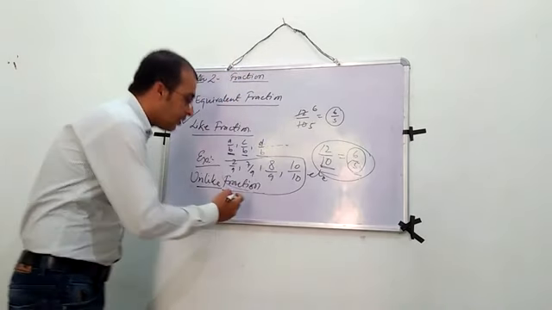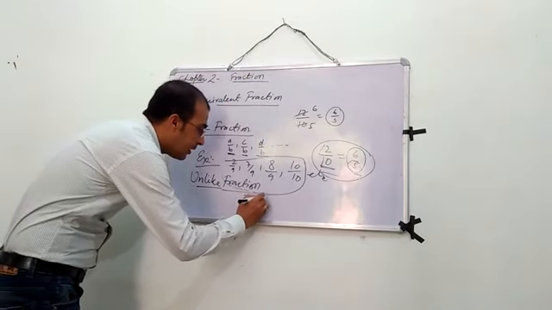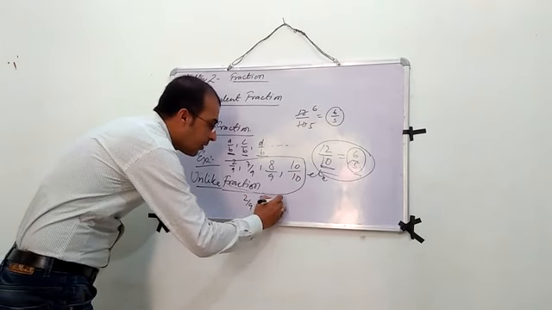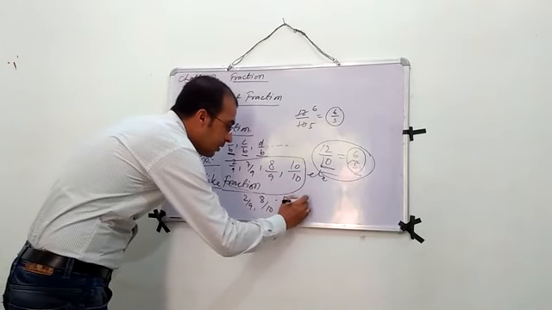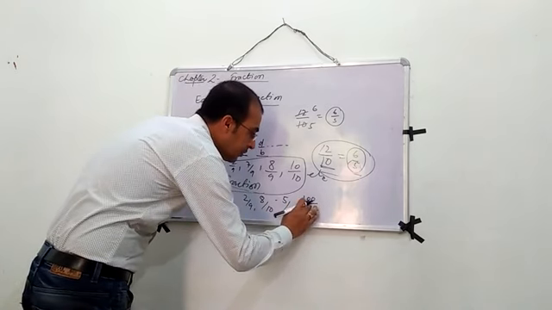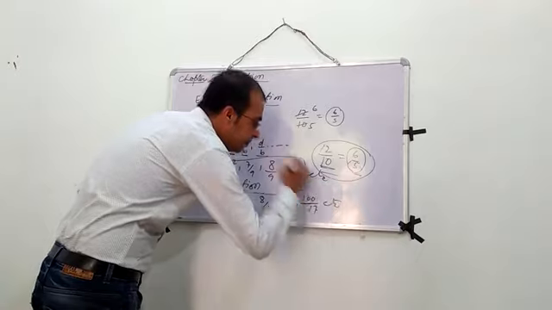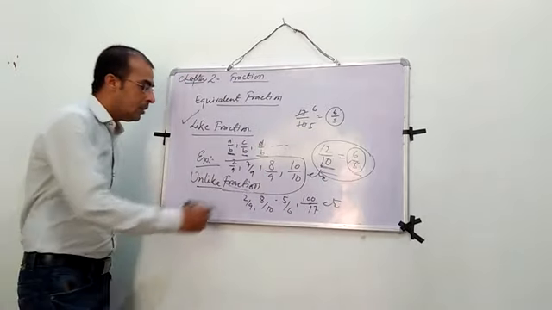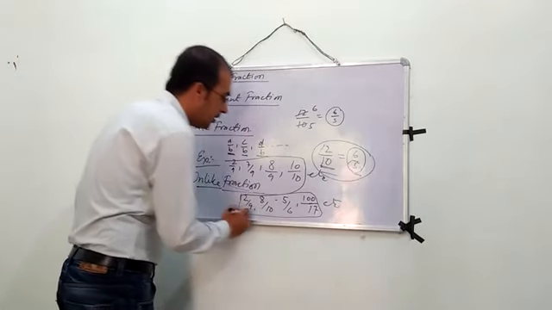For example, suppose 2 by 9, 8 by 10, 5 by 6, 100 by 17, etc. Is it clear?